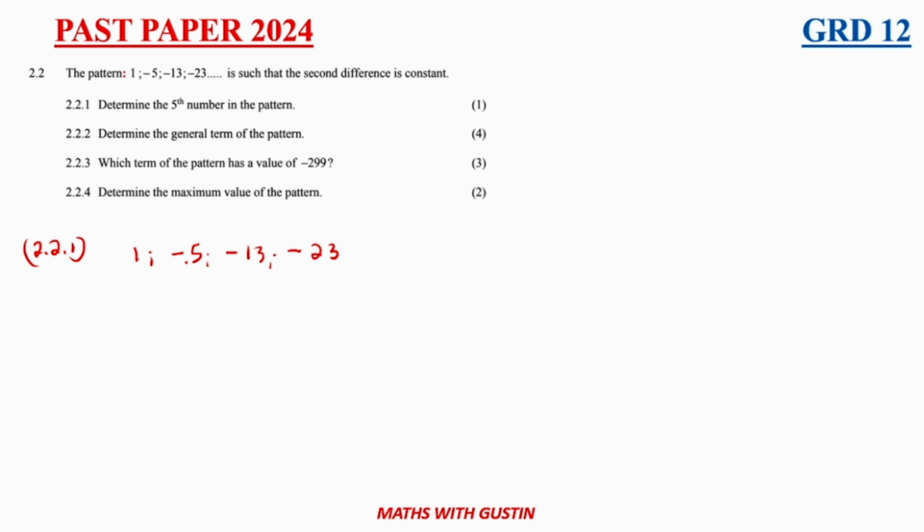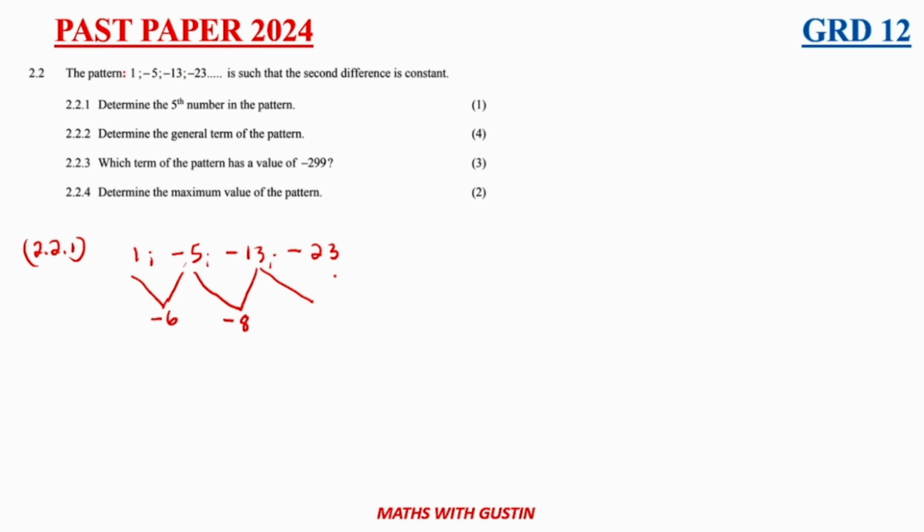All right, let's look at this one here. Easy, straightforward, guys. Minus 5 minus 1 is going to give us negative 6. Minus 13 minus negative 5 is minus 13 plus 5, let me check, which gives us minus 8.